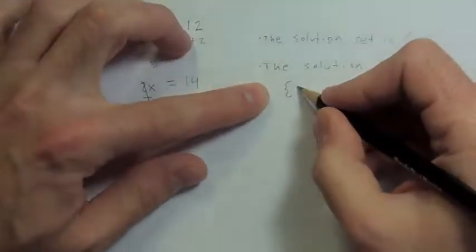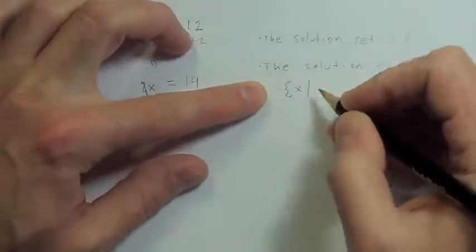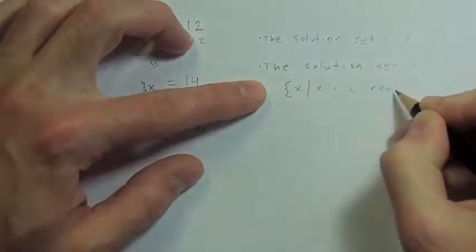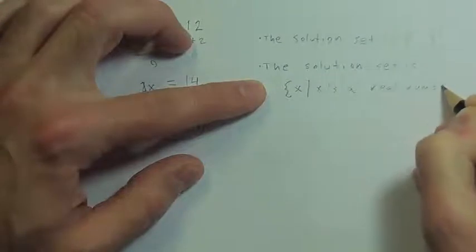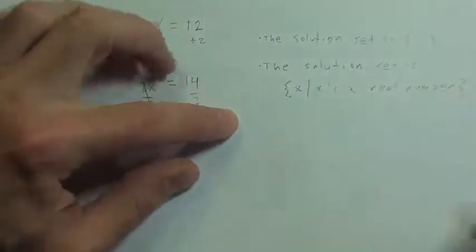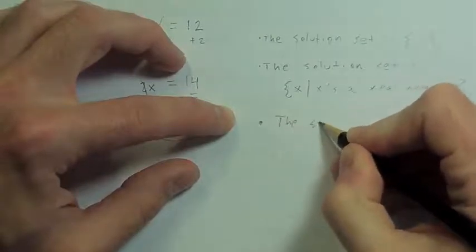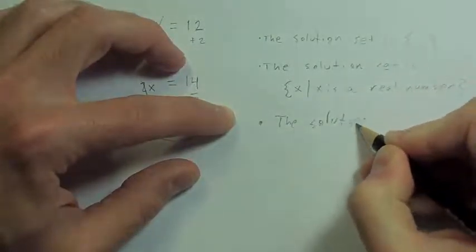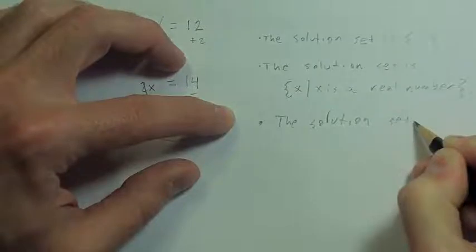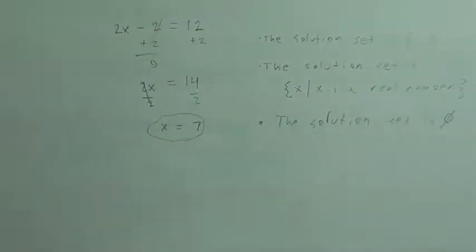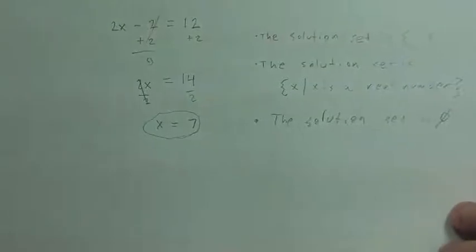It gives you a curly brace, an x, a bar, and then it says x is a real number. Okay, and then the third option is the solution set is phi. That's a Greek letter, phi.